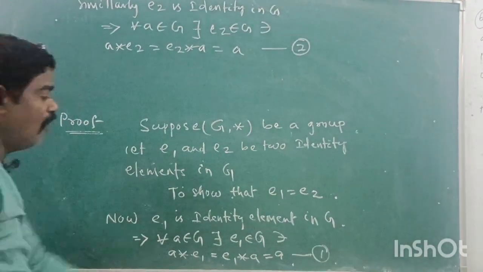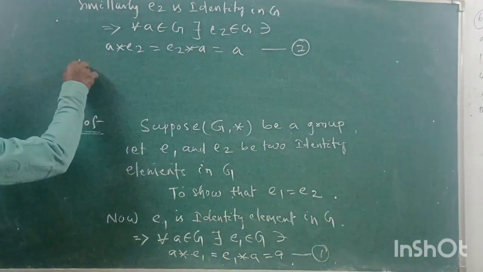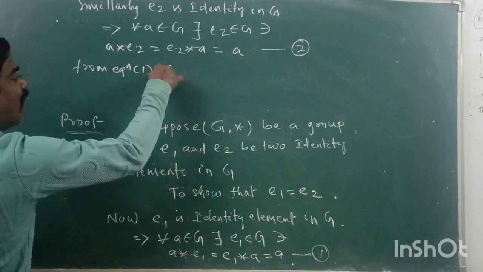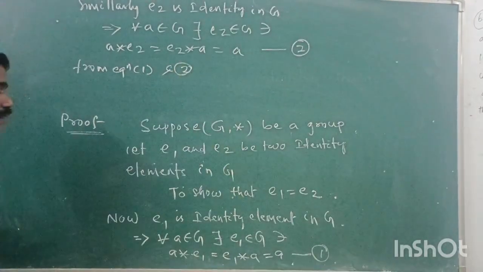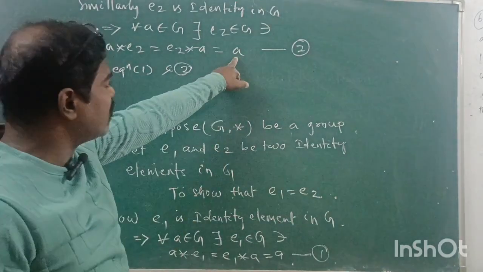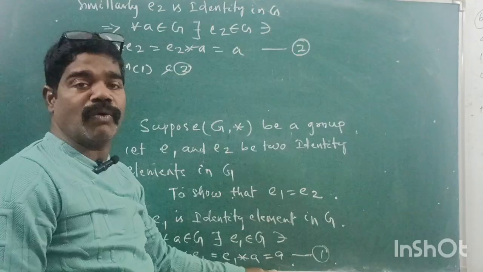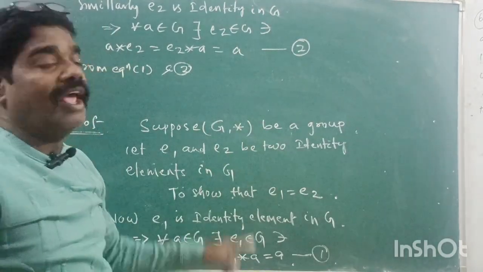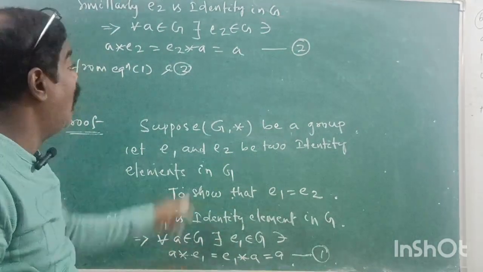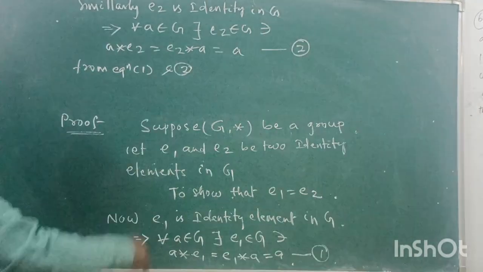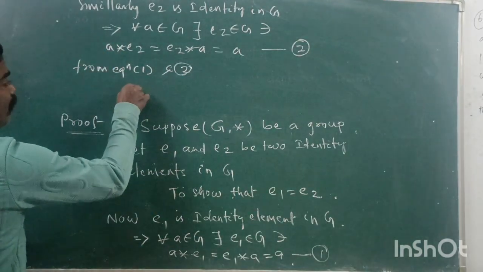Okay. From equation 1 and 2. See here, on the right hand side, both are equal to A. If right hand sides are equal, automatically left hand sides are also equal and the middle one is also equal. Right or not? You can choose any one. So I will take the left hand side.